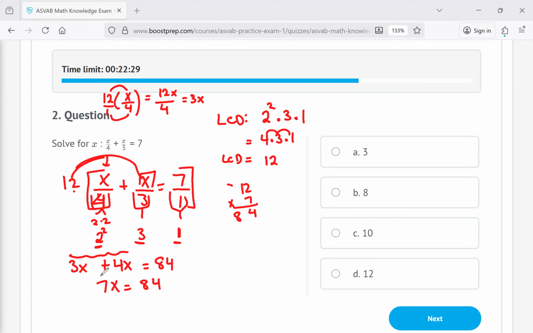Then to solve for x, I'm going to get rid of the 7 by dividing both sides by 7, right? So you get 84 over 7, which without a calculator, you could do the box. 7 goes into 8 once, bring down the 4. 7 goes into 14 twice. Okay, so that's how I got D, 12.